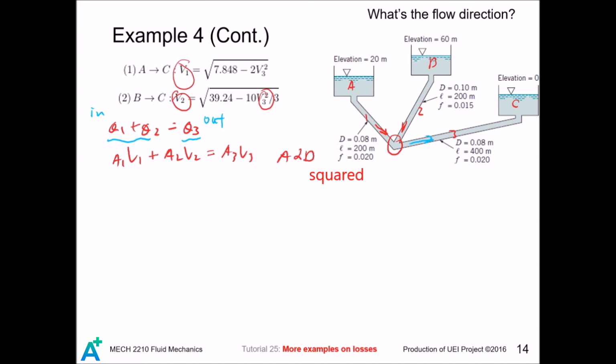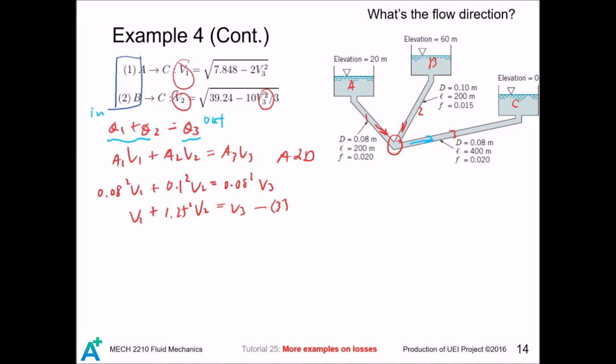where A is directly proportional to the diameter. And we delete the 0.08. This is our equation 3. But then, we can show that if 1, 2 are satisfied, then equation 3 cannot be satisfied. Consider equation 1.